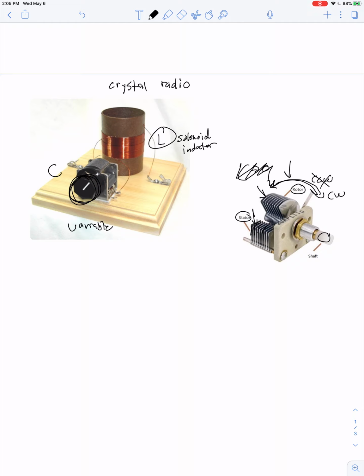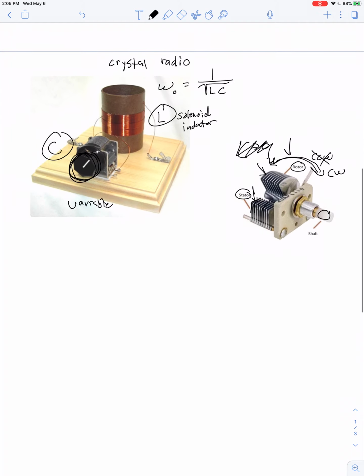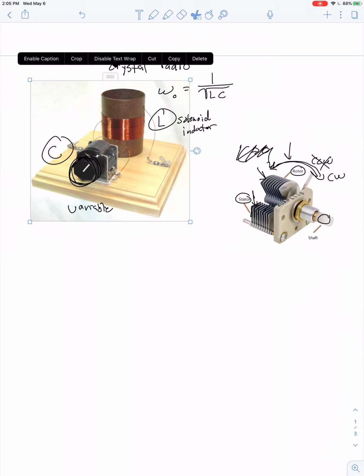So with a fixed inductance and a variable capacitance, you can control the frequency of this circuit, and hopefully you recall that the frequency for an LC circuit, that oscillating electric circuit, is 1 over the square root of the product of the inductance and the capacitance. So the trick to this demonstration goes something like this.